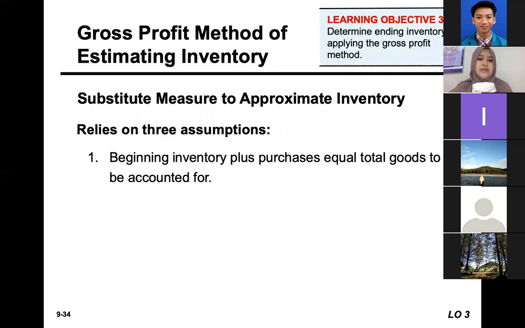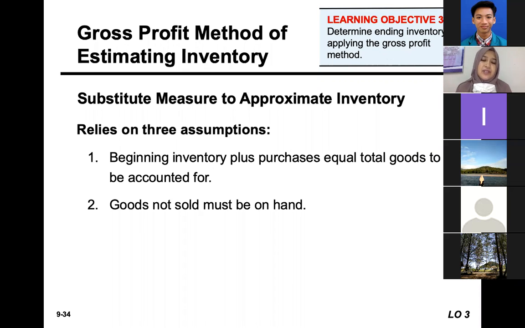So this method relies on certain assumptions. First, the opening inventory plus purchases equals the total goods available for sale to be accounted for. This is the whole inventory that the company has. Then the goods or inventories that are not sold must be on hand. So we assume anything that is not sold is on hand, not stolen or disappeared for various reasons.